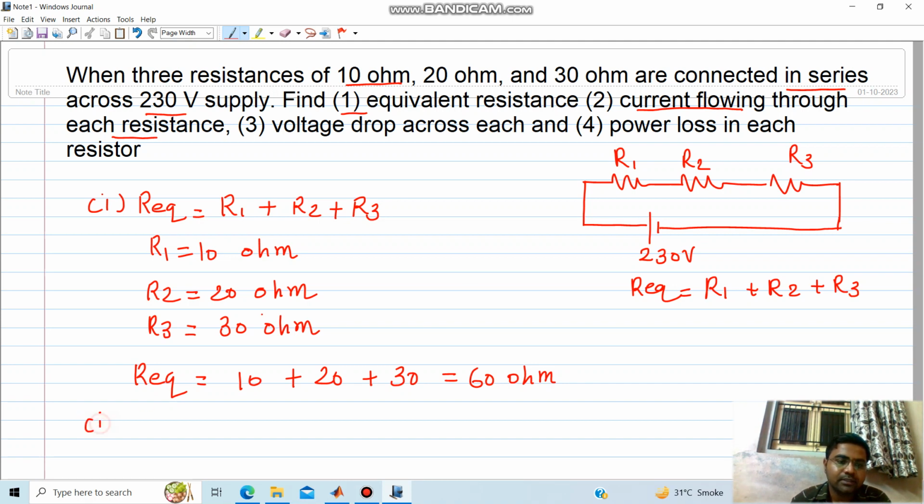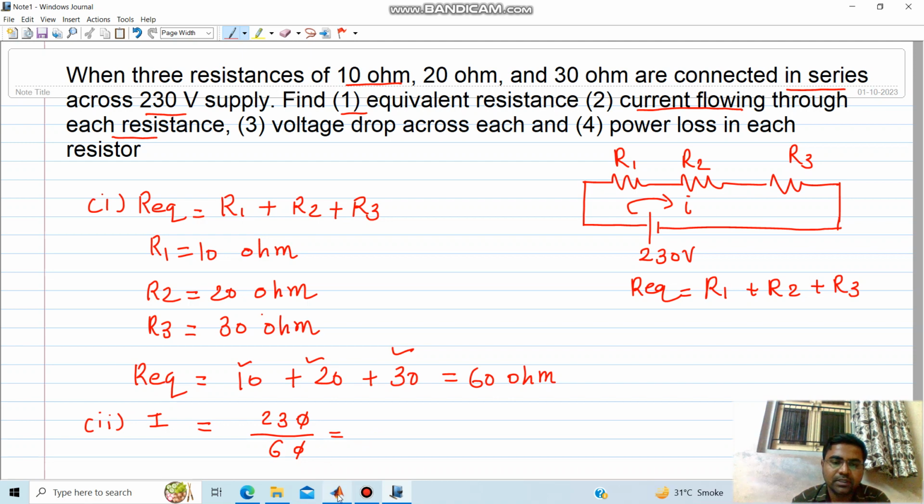Let's say the current is given by I. This I is the applied voltage divided by the sum of all three resistances, meaning the equivalent resistance. So that would be given as 230 divided by R1 plus R2 plus R3, meaning 60. So 230 over 60 will result in some value of current.